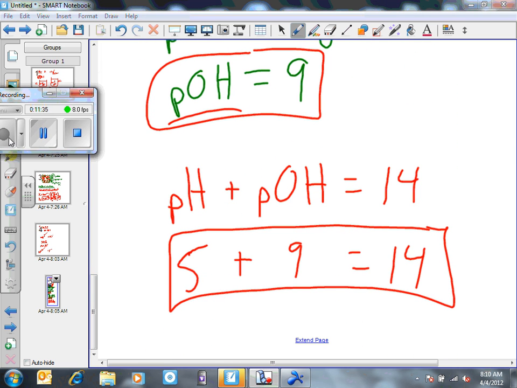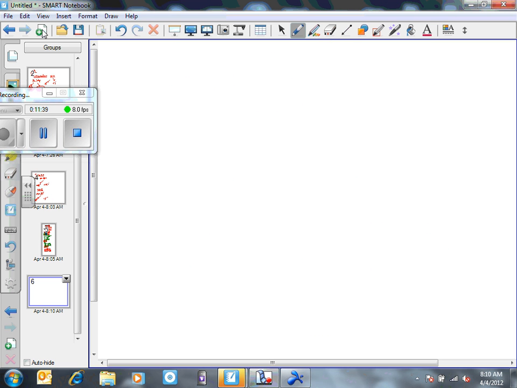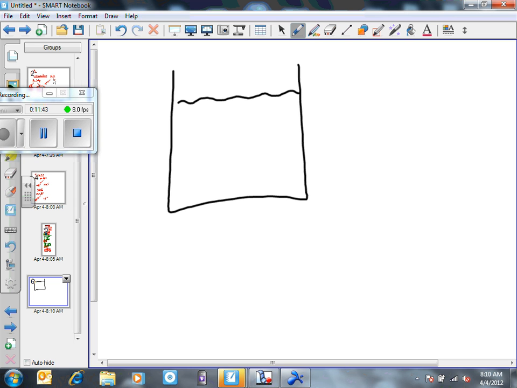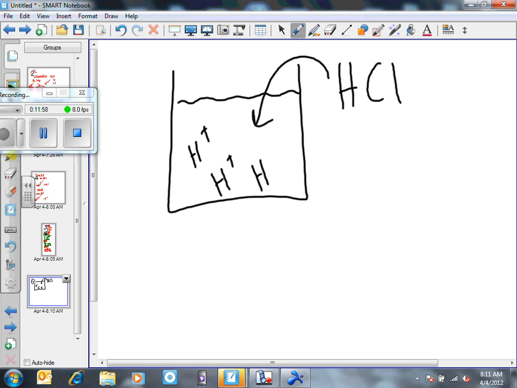So I'm getting the feeling that we should do one more. Okay. So we're going to start fresh here. And we're going to say we have water and we add into that water some HCl. And so we know that we're going to get this overabundance of protons versus the hydroxide ions.